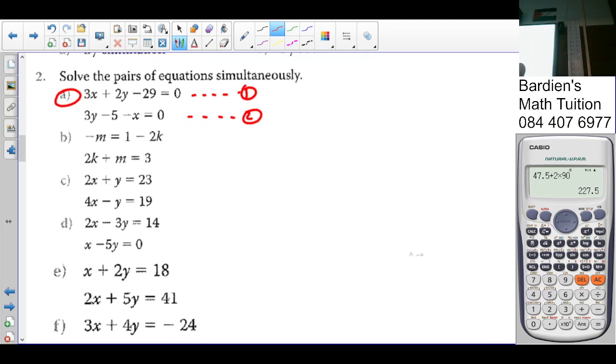Which method did you apply? Who's asking this question? Who said I must do this one? You. Right. Which method did you apply? The elimination or the substitution method? Right. Okay, no problem. So what was the first step you did?